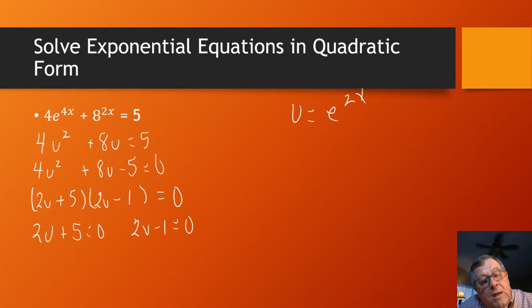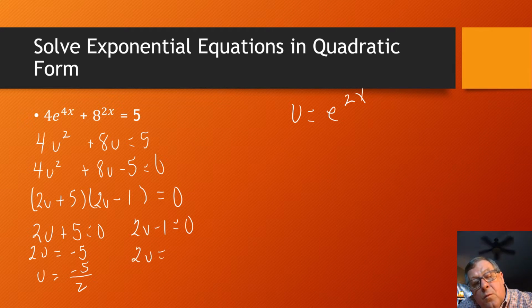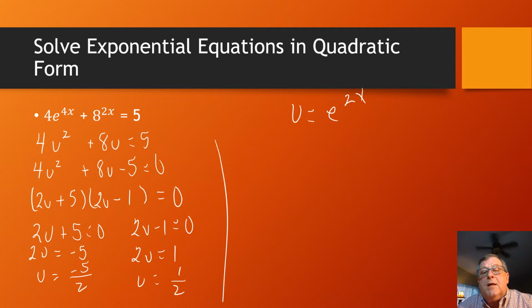Subtract 5 from both sides, so I got 2u is now equal to negative 5. U is equal to negative 5 over 2. And 2u is equal to 1, so u is equal to 1/2. And now let's resubstitute in our natural base raised to the power of 2x.